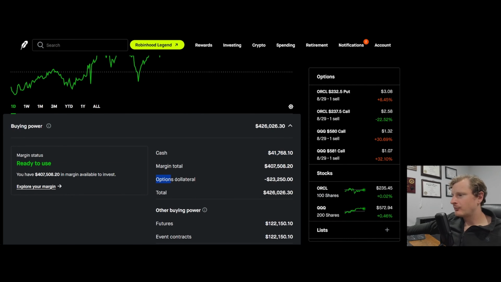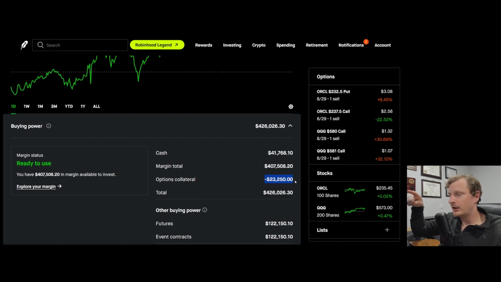And right now, the options collateral I have is about $23,250. Basically, this is my Oracle cash secured put that's running right now. The way this options collateral works is that because it's a cash secured put, I'm not actually getting charged Robinhood interest on it because I don't own the shares. If I were to own another 100 shares of QQQ or 100 shares of Oracle, then I would actually incur margin interest.